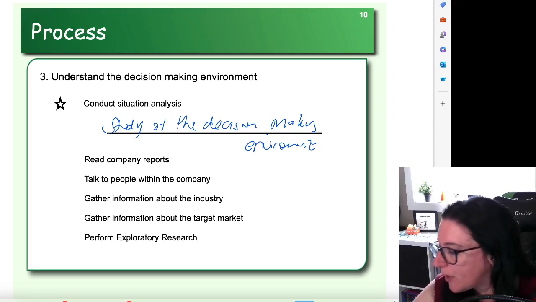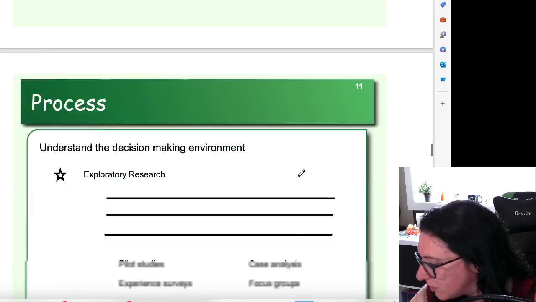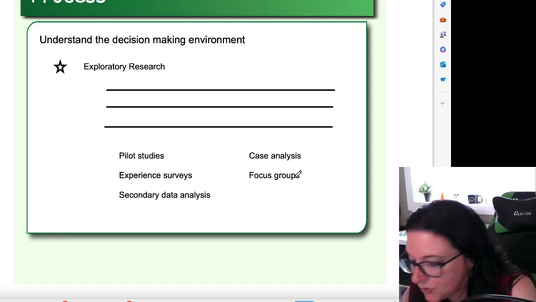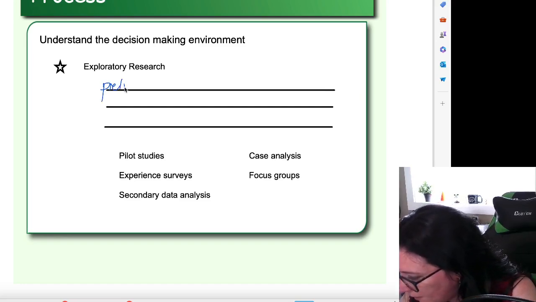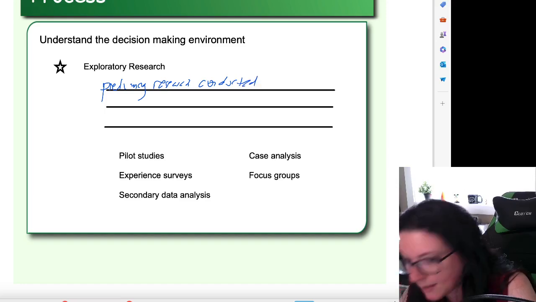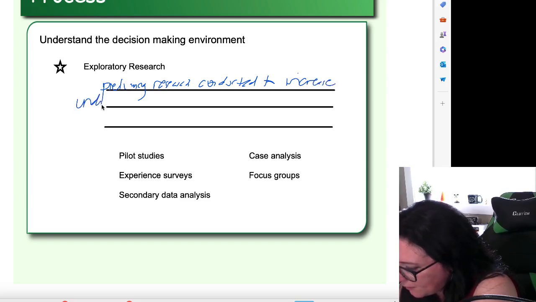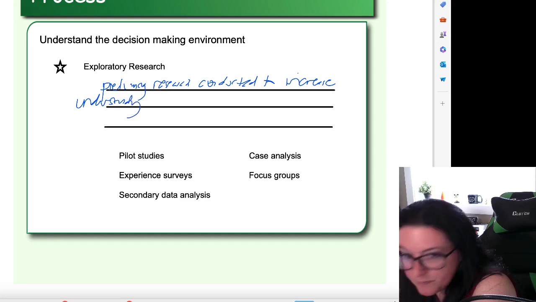So exploratory research is a preliminary research conducted to increase understanding of a concept.